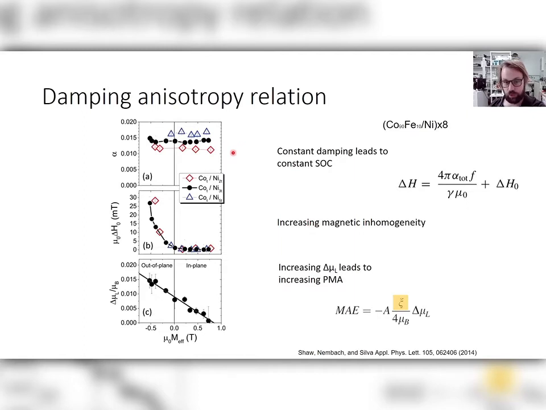What the authors concluded from those measurements was that they measure, as a function of PMA, the anisotropy, and they measure damping, delta H0, and the ratio between orbital to spin moment. What they found is that damping is constant, and they concluded that this means that the spin orbit coupling is also constant.